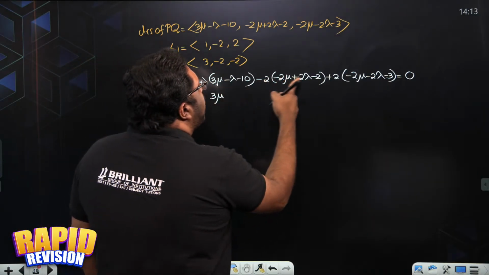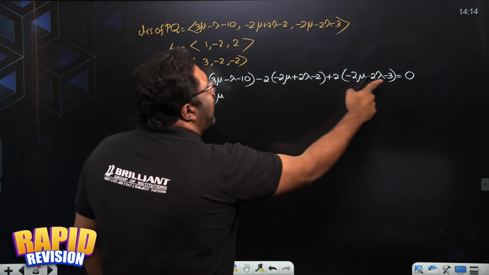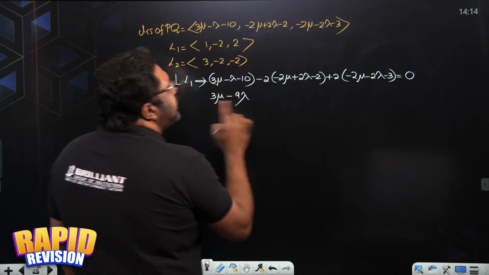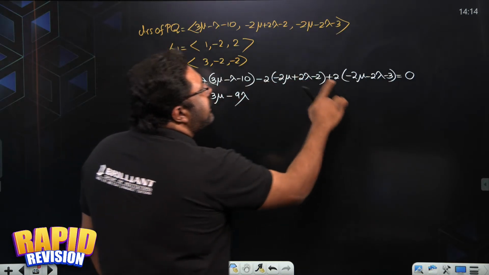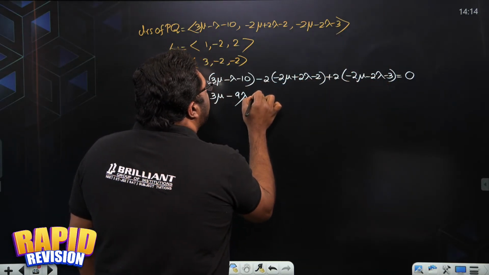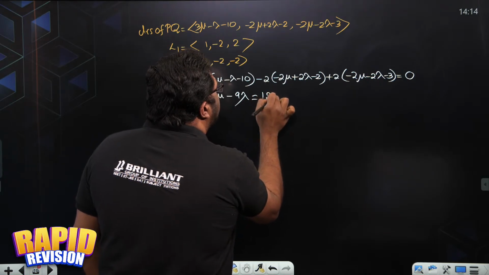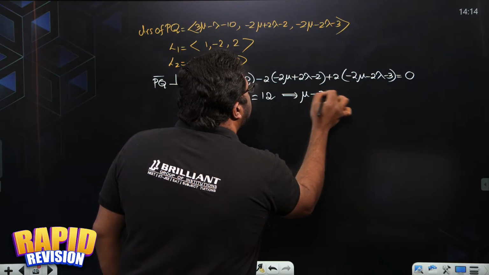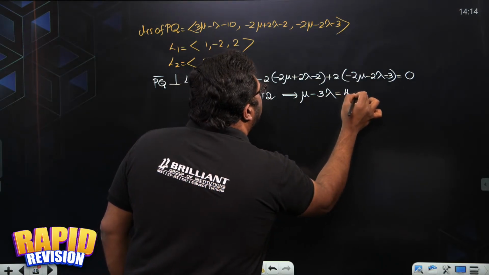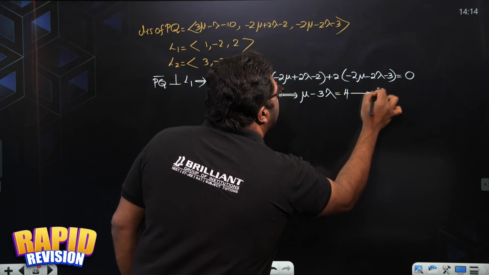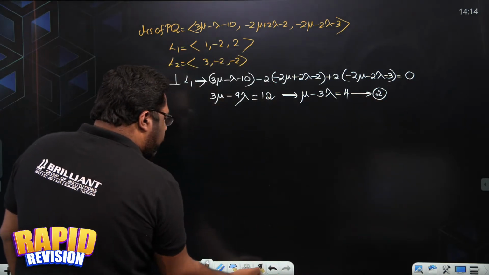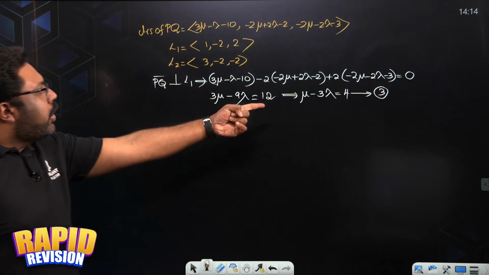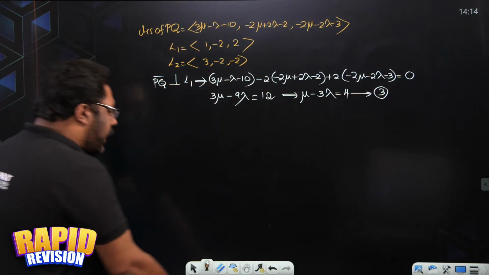Minus lambda, minus 4 lambda, minus 5 lambda, minus 4 lambda, minus 9 lambda. Minus 10 plus 4 minus 6, minus 12 goes to the other side as 12. The simplified form: mu minus 3 lambda equal to 4, equation number 3. Okay, I got one equation in terms of mu and lambda.